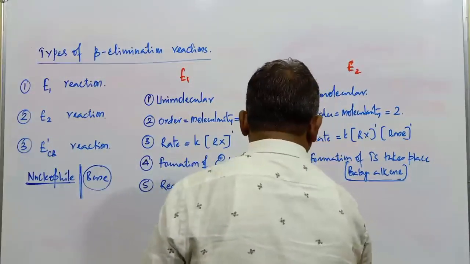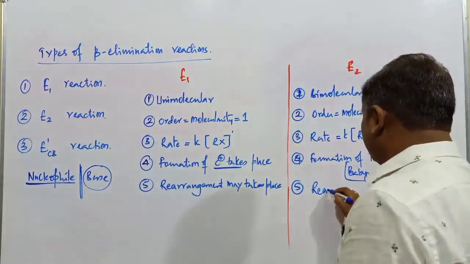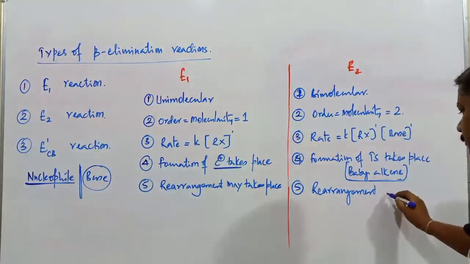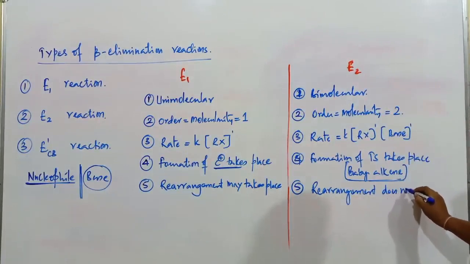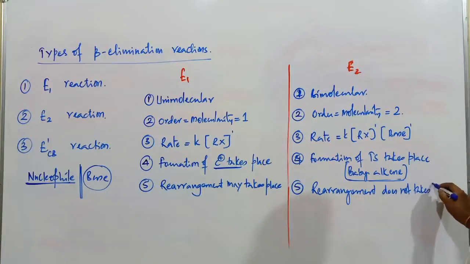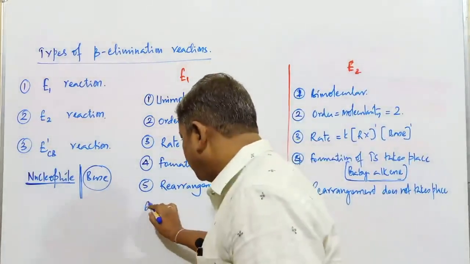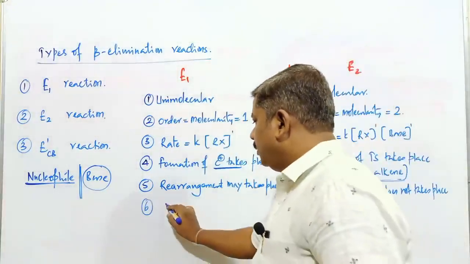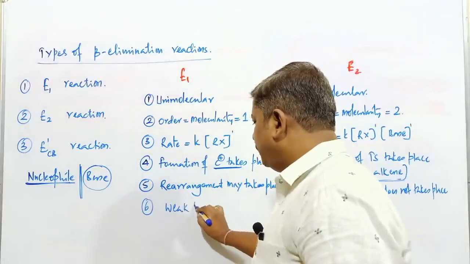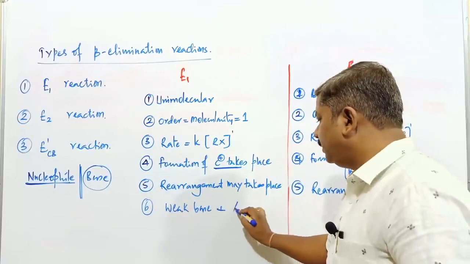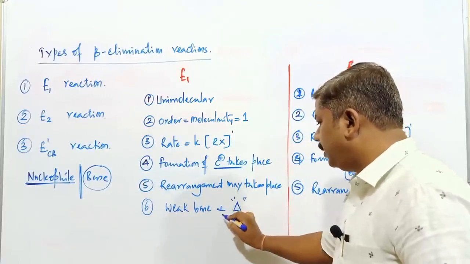In case of this one, rearrangement does not take place. There is no rearrangement in case of E2 reaction. Number 6, very important, presence of weak base followed by heating, very important point.